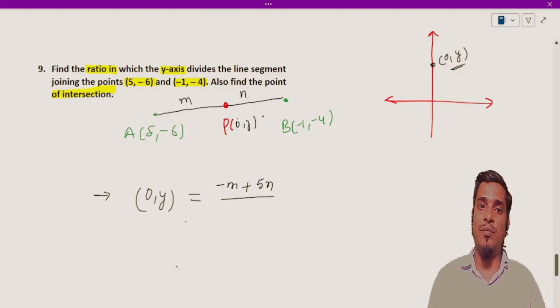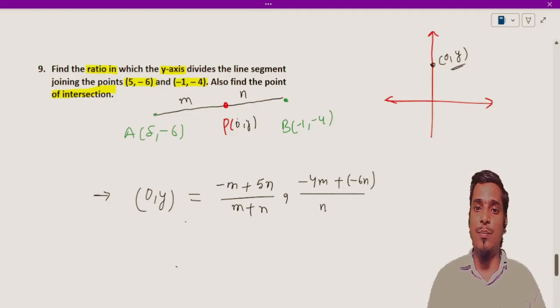So the x-coordinate is (minus m plus 5n) divided by the sum of the ratio m plus n. The y-coordinate we can also find: m times of minus 4 gives us minus 4m, and plus n times of minus 6 gives us minus 6n, divided by m plus n.